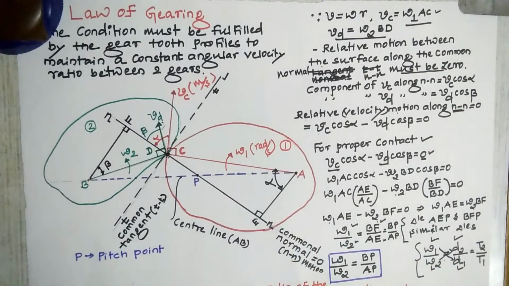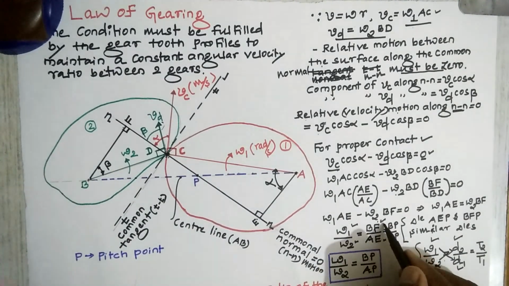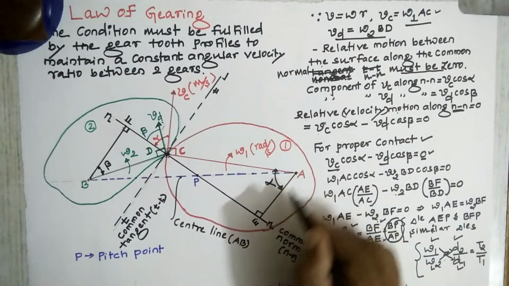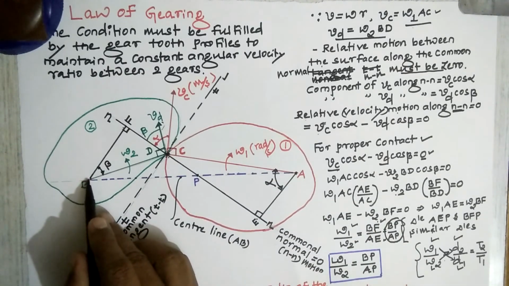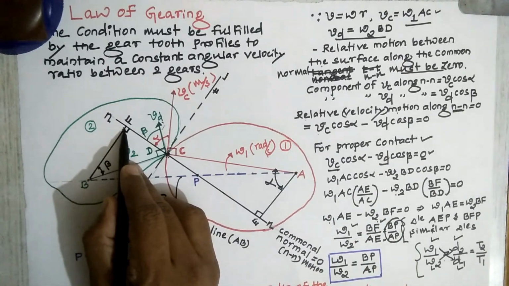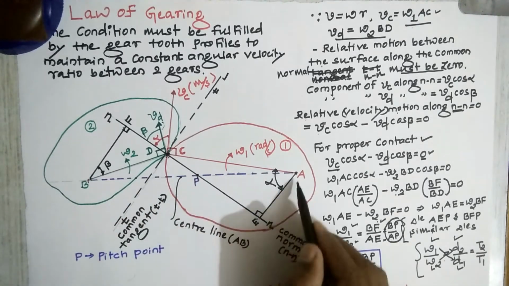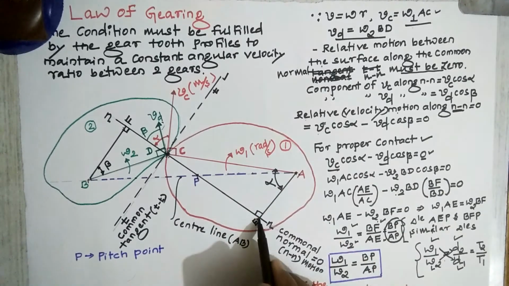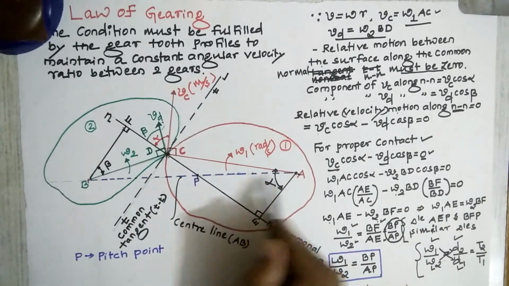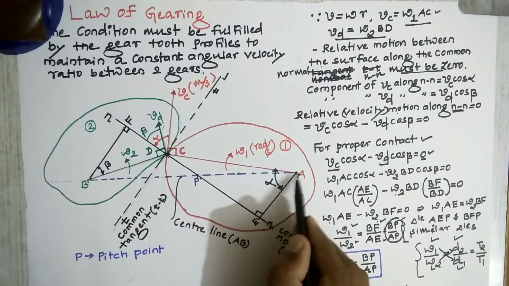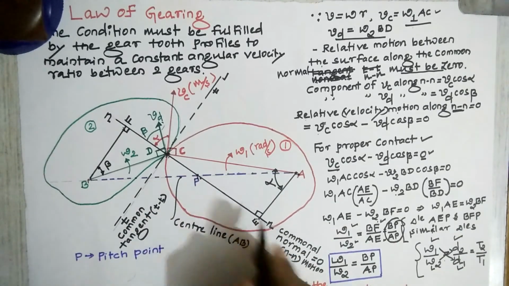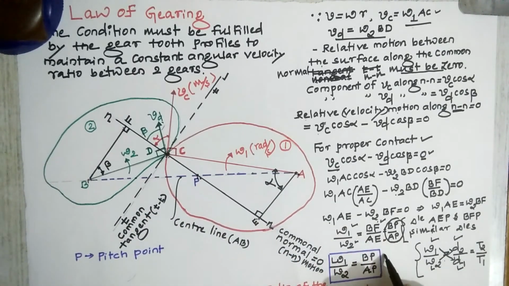Then according to similar triangles, BF I will write as BP, and AE I will write as AP.